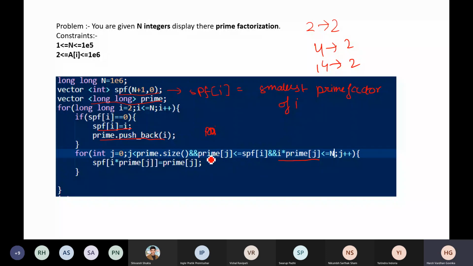This condition, prime of j less than or equal to SPF of i, is important because if it does not hold true, then SPF of i times prime of j would have been less than prime of j itself.